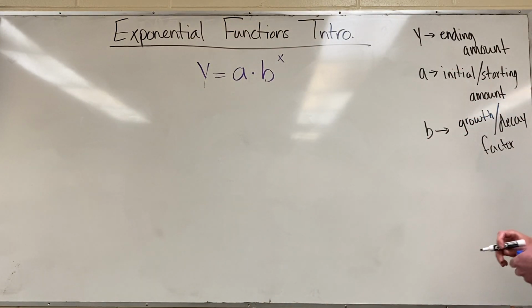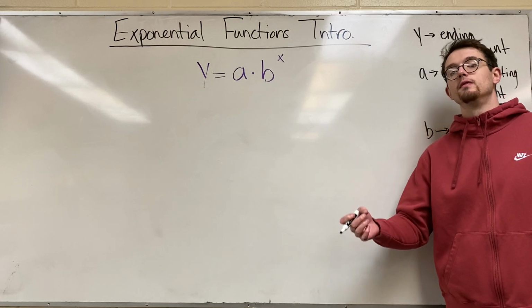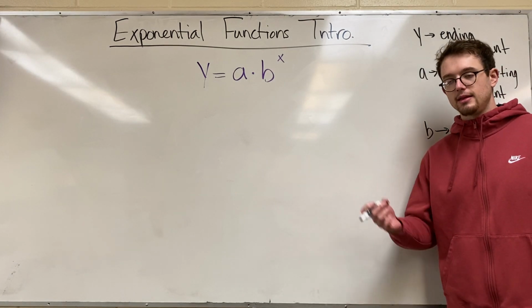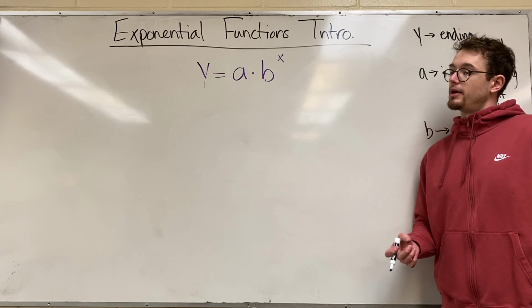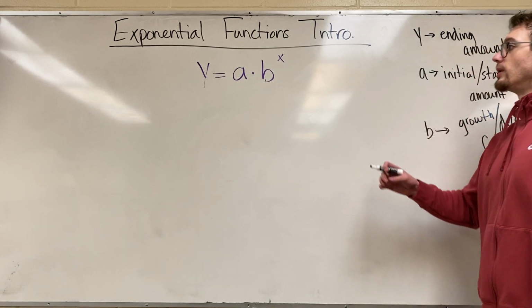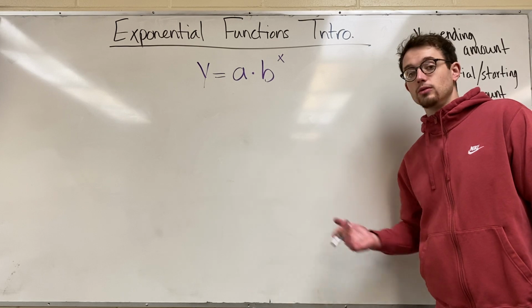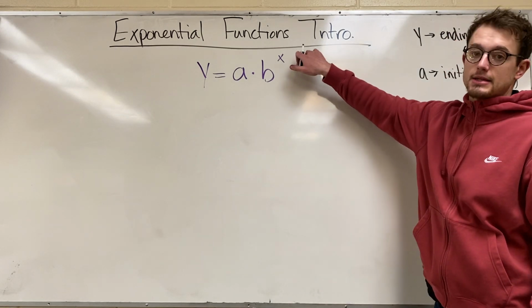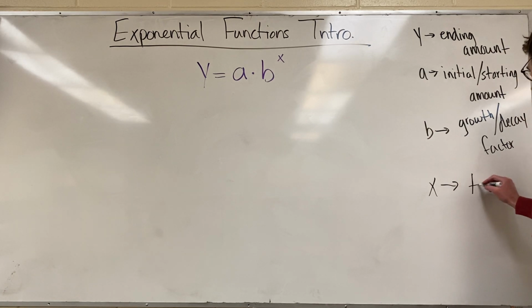And X, for exponentials, for all the stuff you do with exponentials, it happens over time. Things grow and decrease over time. There might, every once in a while, be an application where this isn't going to be time, but for my students, for the rest of this school year, this is always going to be time. So X is time.